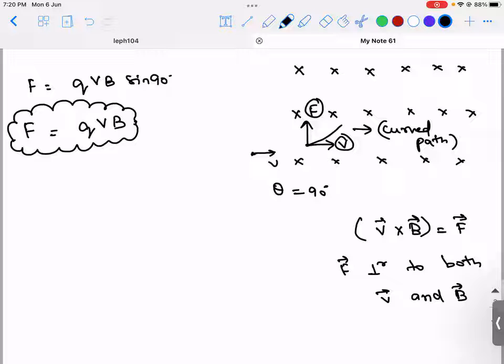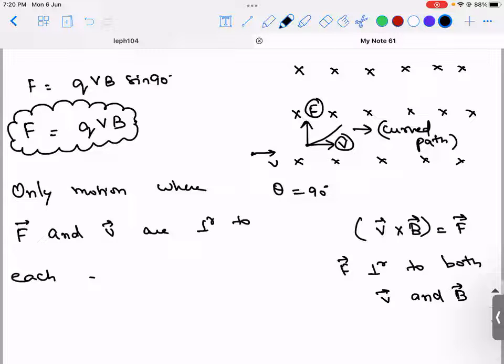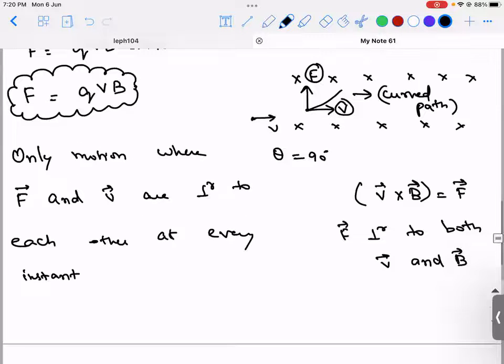That is the answer. So the only motion where F vector and V vector are perpendicular to each other at every instant is, what is it? Uniform circular motion. It is not just circular motion, it is uniform circular motion.